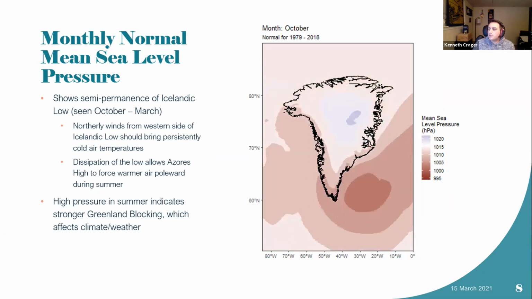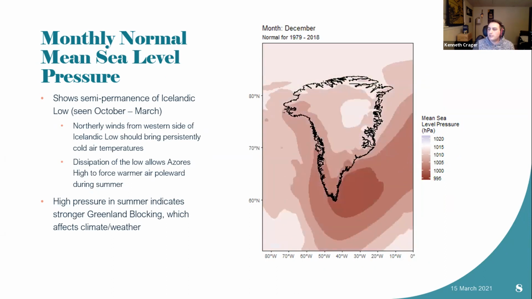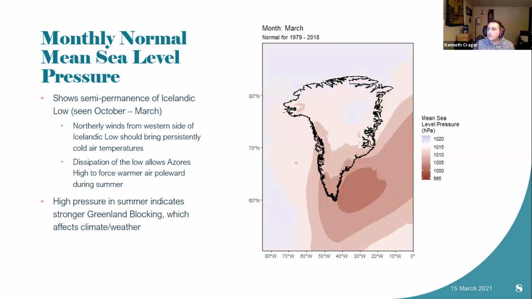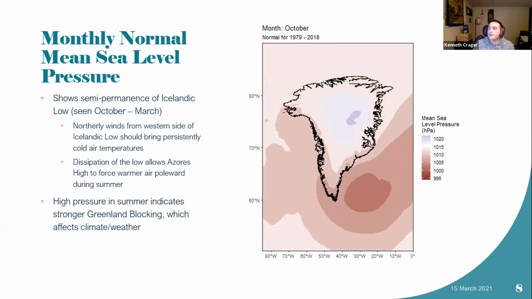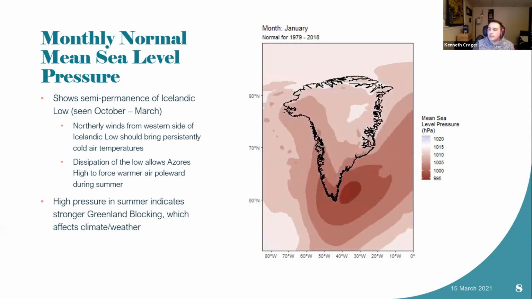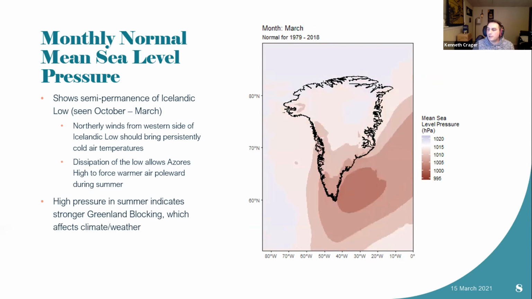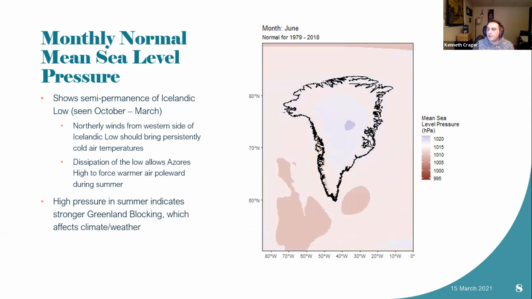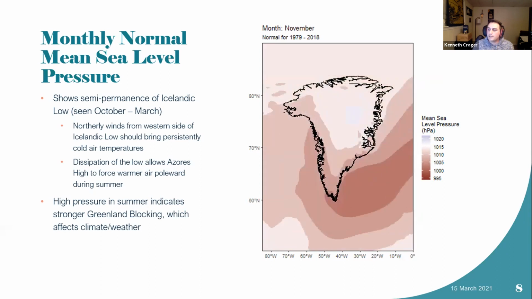Here in the normals, you can see the semi-permanence of the Icelandic low from October to March. It's a low pressure system that helps direct some of the late season storms towards the UK and Ireland, keeps a lot of that south of Greenland.